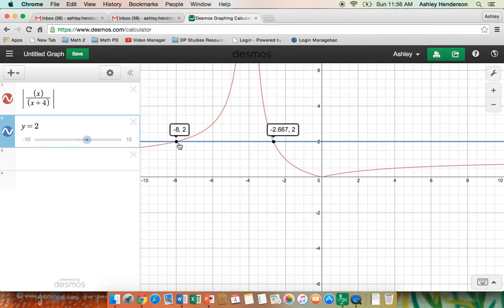They intersect at x equals -8 and -2 2/3. And then to the left of that value, where x is less than -8, the output is less than 2. And when x is greater than -2 2/3, my output is less than 2.